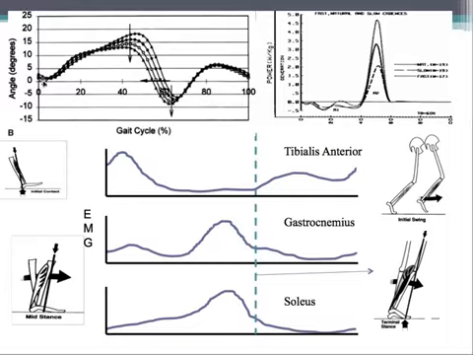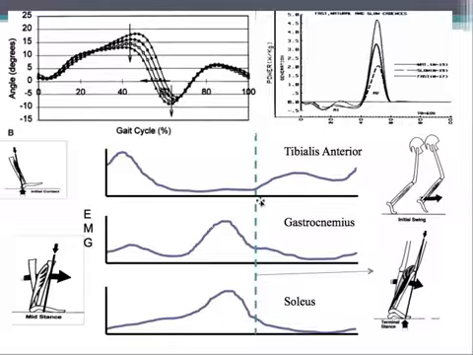And so this angle that we see, this descent of the foot, is primarily the responsibility of the tibialis anterior and likely the other dorsiflexors like the extensor digitorum and the extensor hallucis muscles.